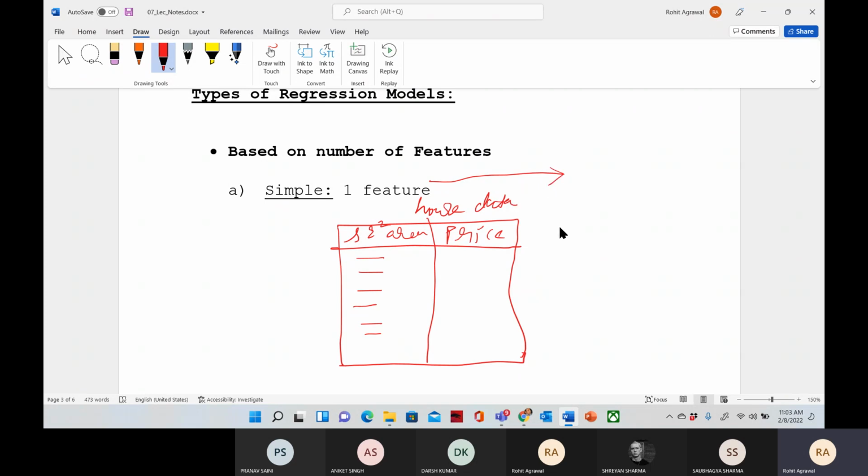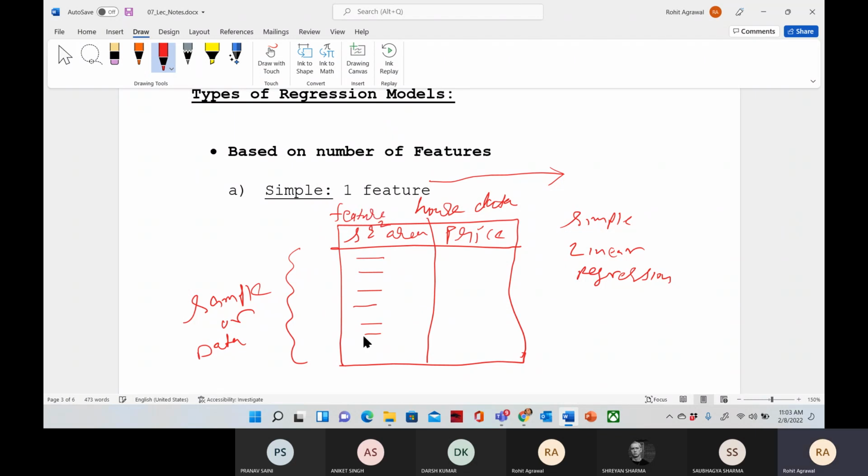So this is called simple linear regression, when we are dealing with only one feature. These are the number of samples, or you can say data samples or data points, and these are called the features.